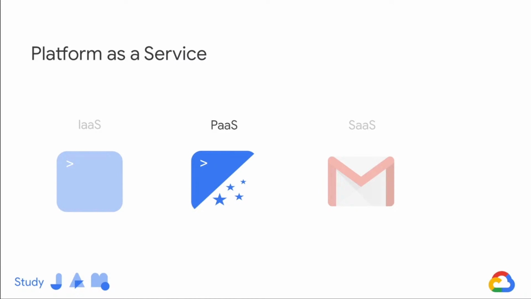Platform as a service provides a platform with managed services where runtime environment and network settings are pre-configured. This makes it easier for you to develop and deploy your application. Google App Engine is an excellent example of platform as a service.